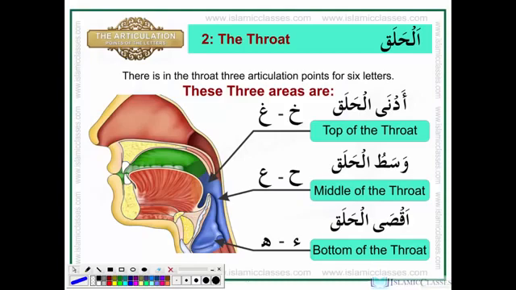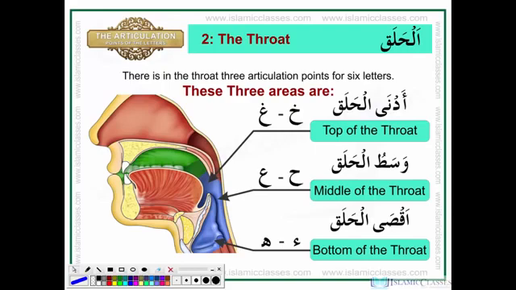Here you can see the first is written here, the throat. In the last tutorial we read the 5 major areas, those areas where we pronounce the different articulation points of Arabic letters.